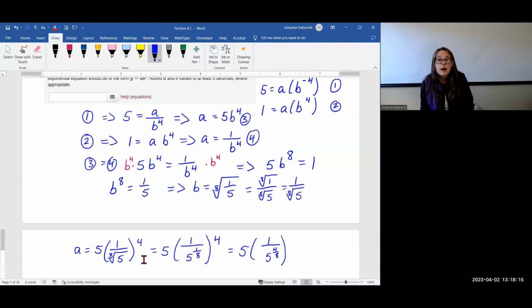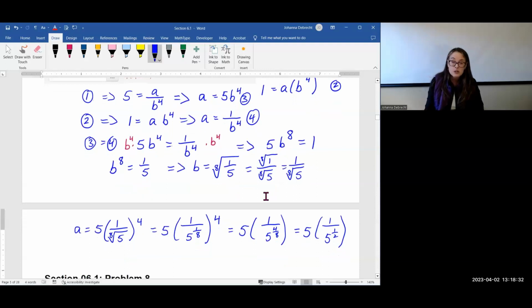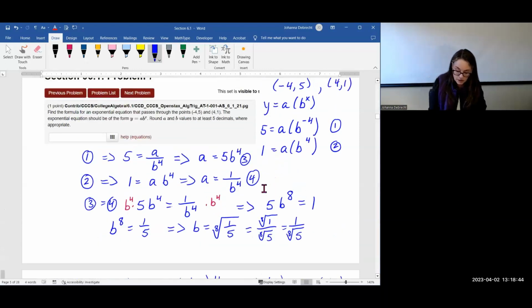And the 4/8 power is the 1/2 power. So this gives me 5 times 1 over 5 to the 1/2, which is really the square root. But again, I've got 5 over 5 to the 1/2, so I can subtract the powers. 1 minus 1/2 is 1/2. And I basically end up with 5 to the 1/2, which can also be written as the square root of 5, right?